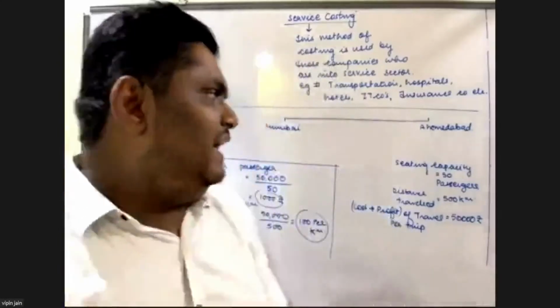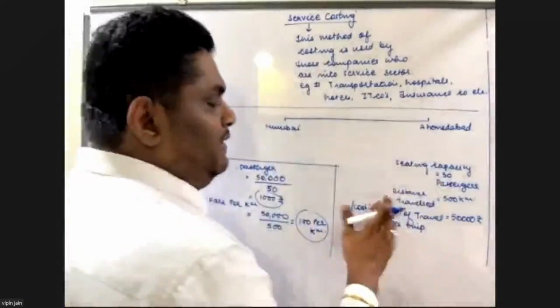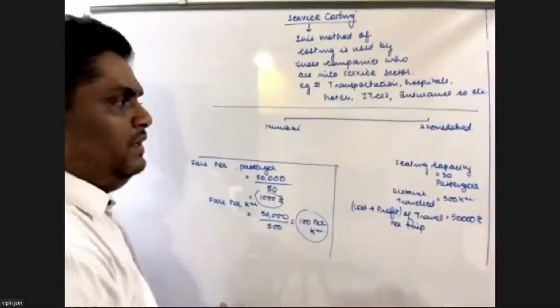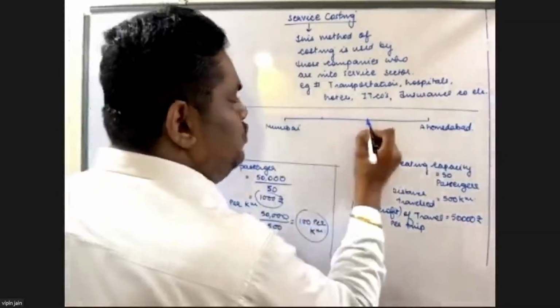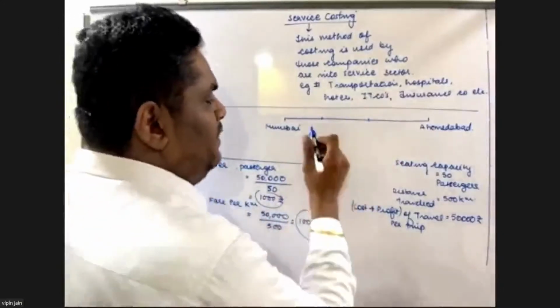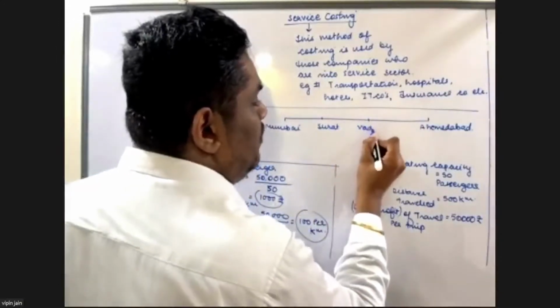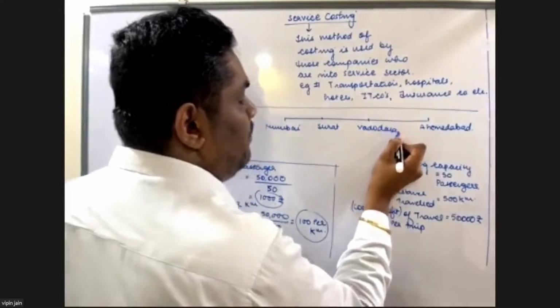Now, let's take a different situation wherein I'm running a bus from Mumbai to Ahmedabad and the distance traveled is 500 kilometers. Let's say the bus takes two intermediate halts, Surat and Vadodara.